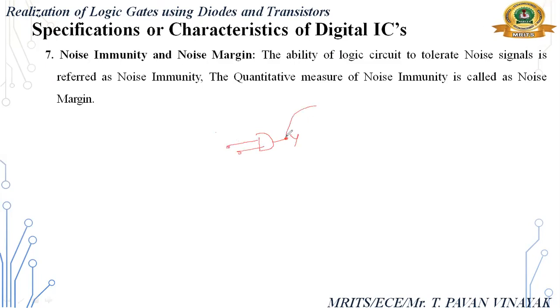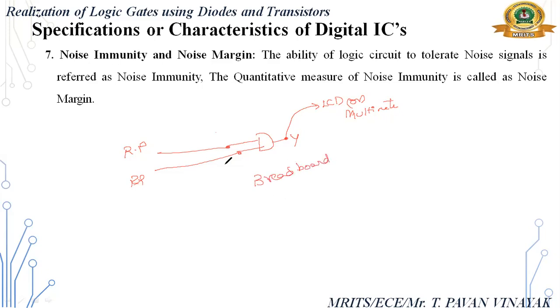This output is given to an LED display or some ammeters or multimeters, right? Here the inputs we give from a regulated power supply, right? And we give these connections on a breadboard, right?